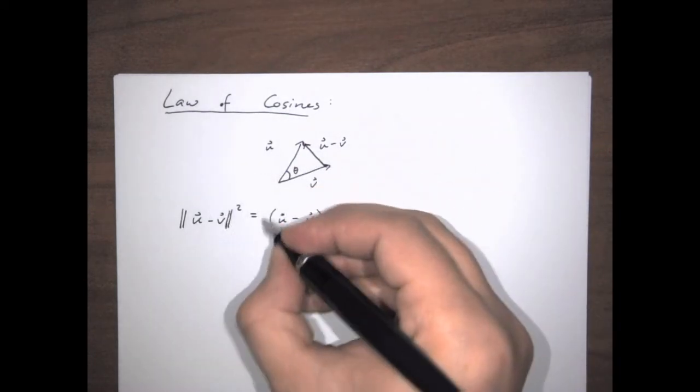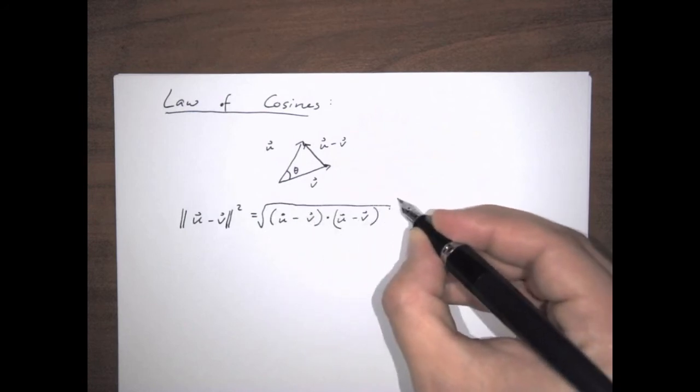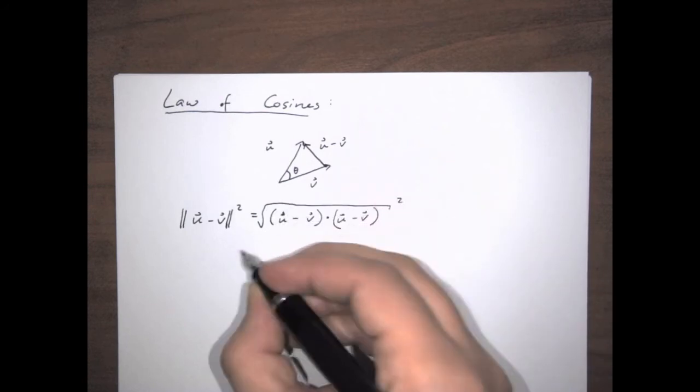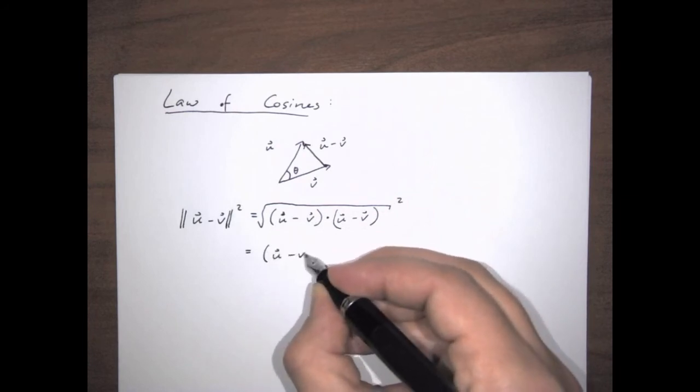So it'd be like the square root of this squared. So in other words, those cancel each other.